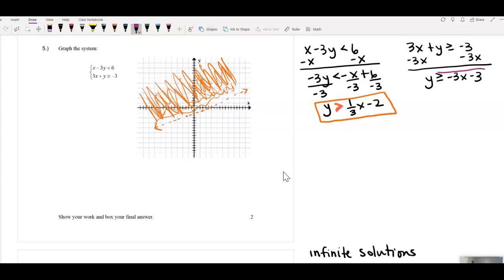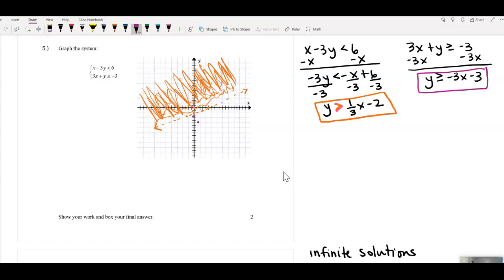Okay, and then let's do the other one. That one in purple here. All right, so this one we're starting at -3, and then I'm going to go down 3 and to the right one. Or I might go up 3 and to the left one. Oops, that doesn't look right. It's not on the line very well.